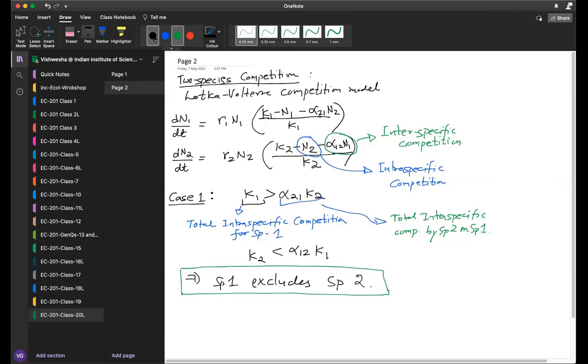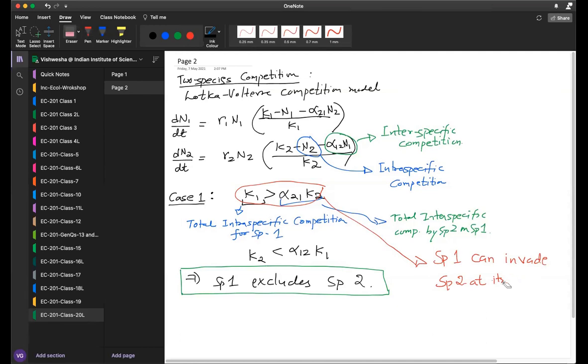Maybe let's write down another interpretation of this equation. This condition means that species 1 can invade species 2 at its carrying capacity.